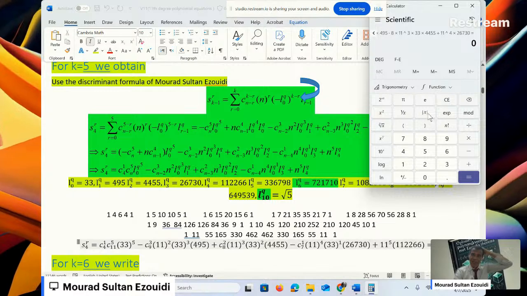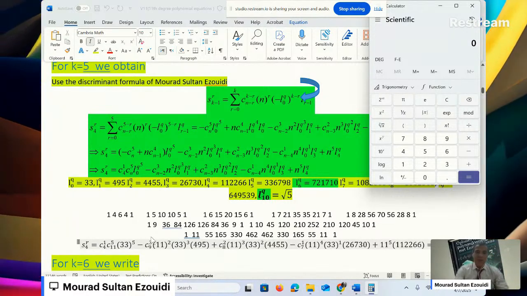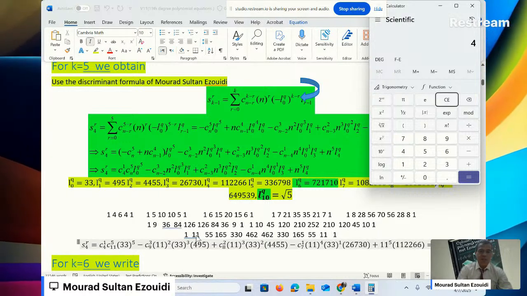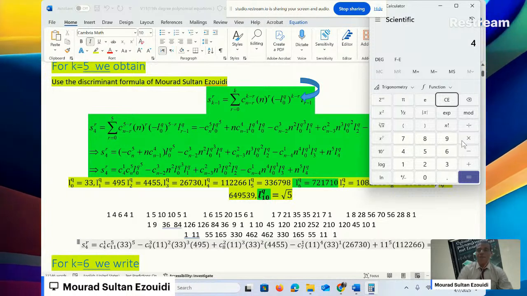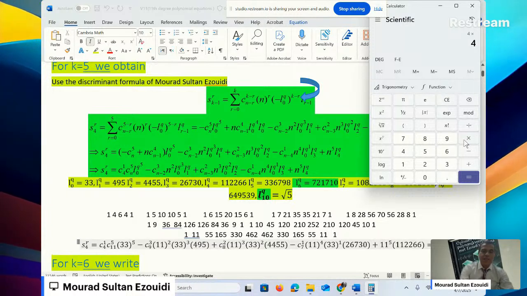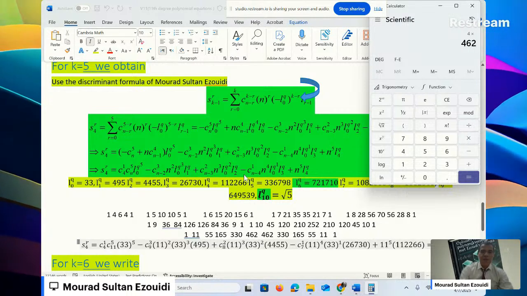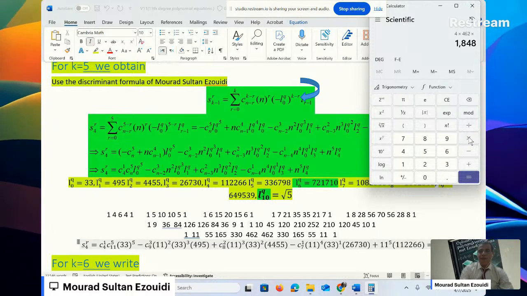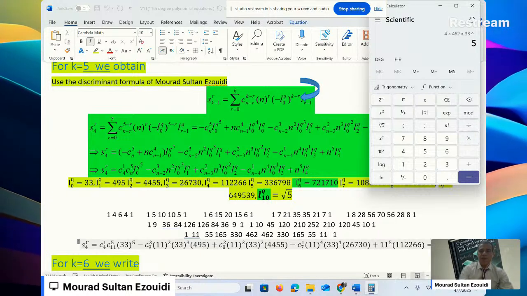So 4 times 5 is 1, 2, 3, 4, 5. Means times 462, I think. Yes. Times 33 raised to the power 5. Good enough.